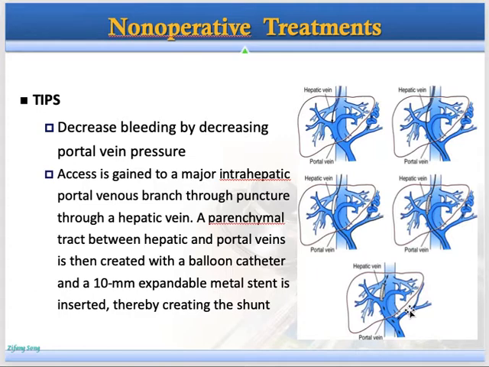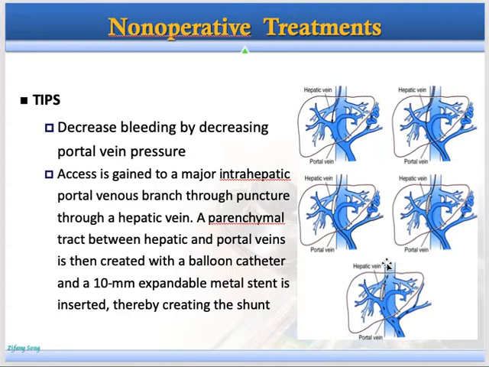So this is what they do. Okay, it's a metallic stent, and it gives very good control of the hemorrhage. It can stop the hemorrhage, but of course at the expense of many complications. For example, one of the complications is that now this blood from the portal circulation is shunting into the systemic circulation without passing through the liver.